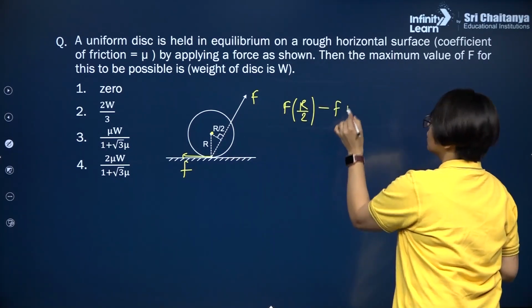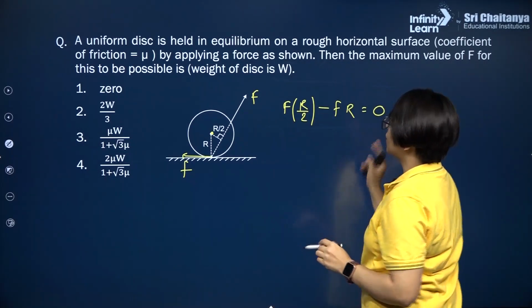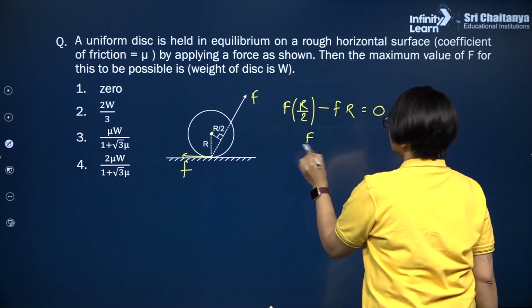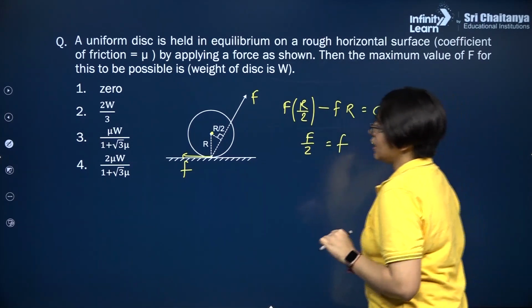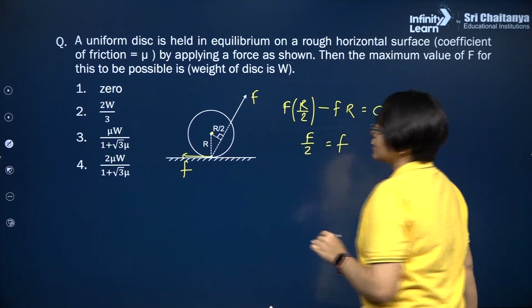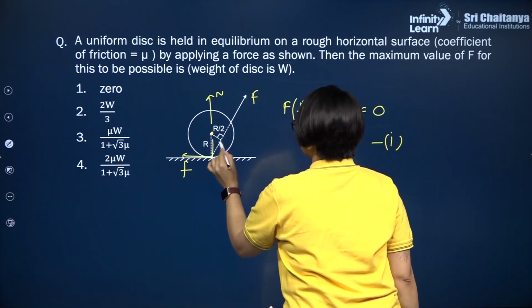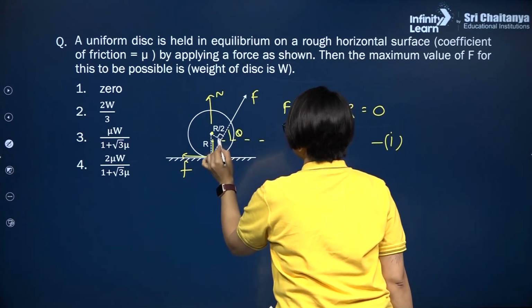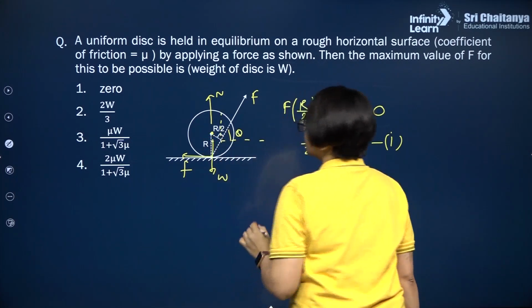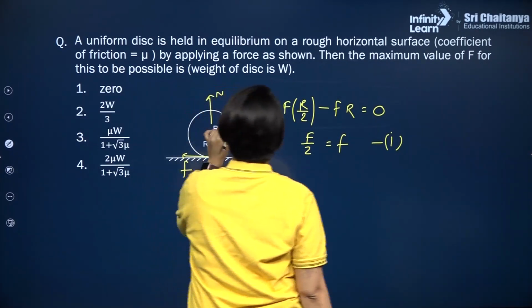So, as the net torque is 0, that means F r by 2 minus friction times r should be 0, that means F by 2 is equal to friction. This is my first equation. The second equation: it is also in translational equilibrium, that means normal and weight, and if this angle is theta, this is pi by 2, so this angle over here is also theta.